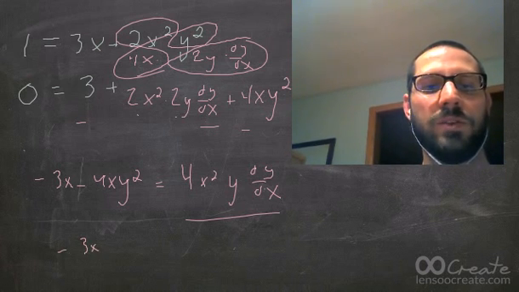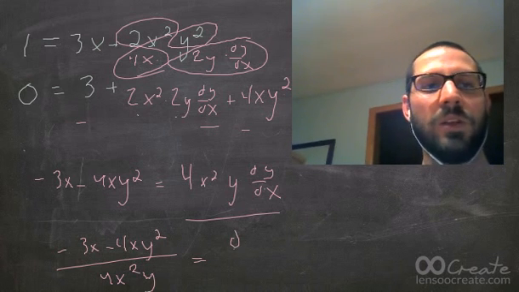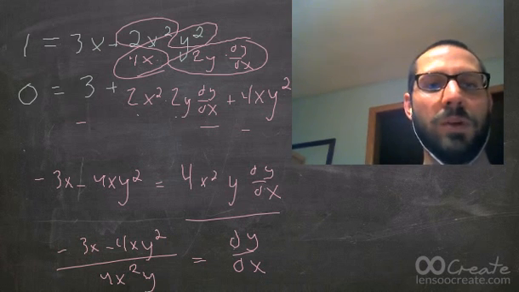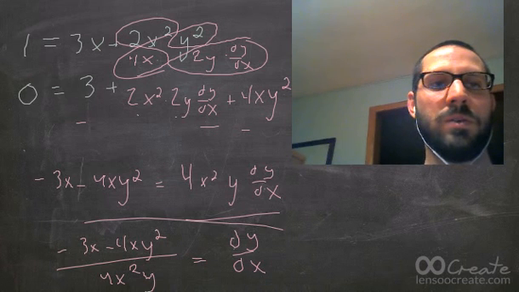Negative 3 minus 4xy squared divided by 4x squared y equals dy/dx. Looks like for simplification, we could go through and maybe take out an x from everything. That would totally be appropriate. Not a bad move.